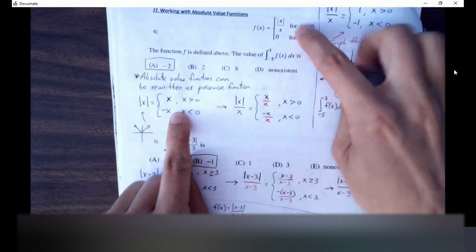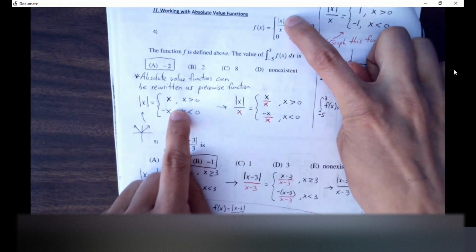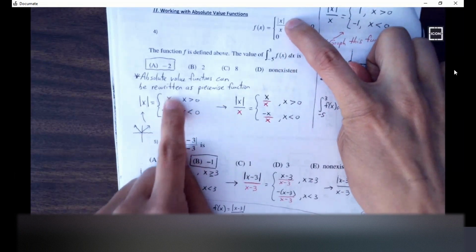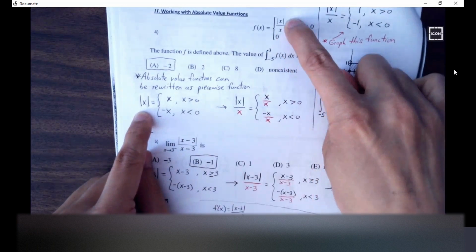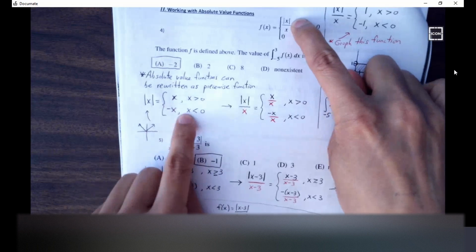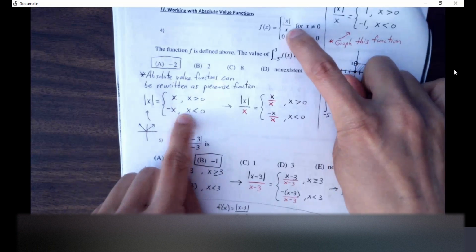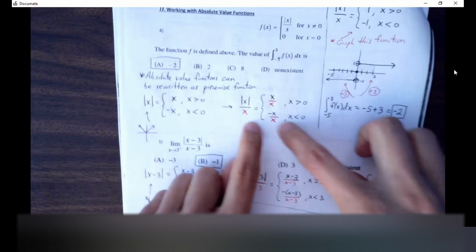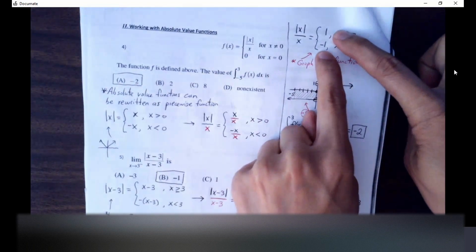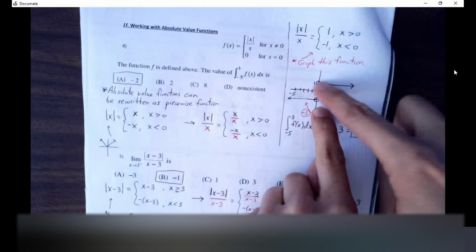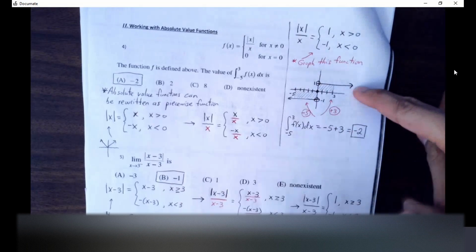If I can get a portion that I can recognize into a piecewise function, then I can always adapt it by adding to it. So if the absolute value of x is this piecewise function, then the absolute value of x divided by x is just dividing all these terms out and getting it into something a lot more reasonable that I can actually graph, because that's just y equals 1 and y equals -1.